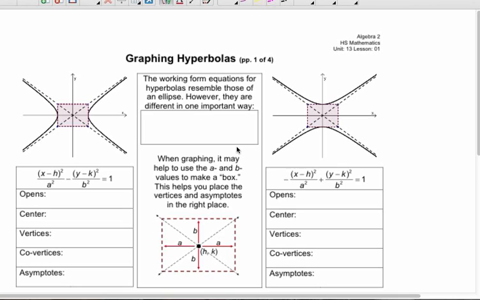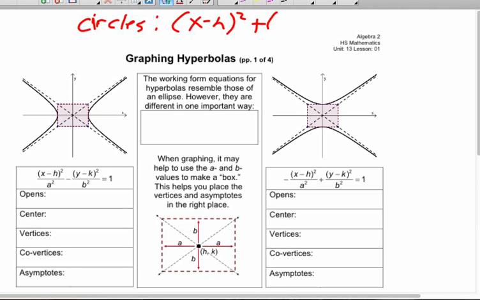If you remember right, for circles, the working form looked like (x minus h) squared plus (y minus k) squared equals r squared.